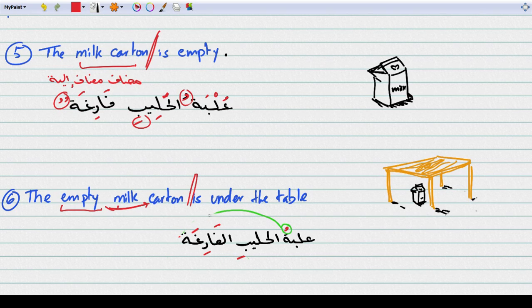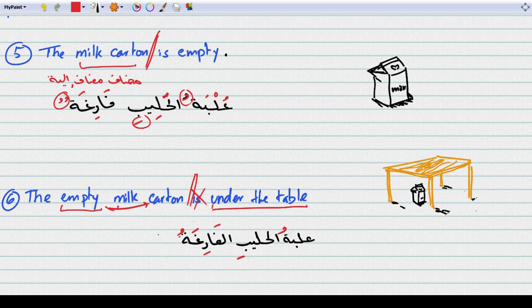So علبة الحليب الفارغة. Right, so علبة الحليب الفارغة. So what's with it? It's under the table. We don't translate is because this is Arabic, and we say that it's under the table.